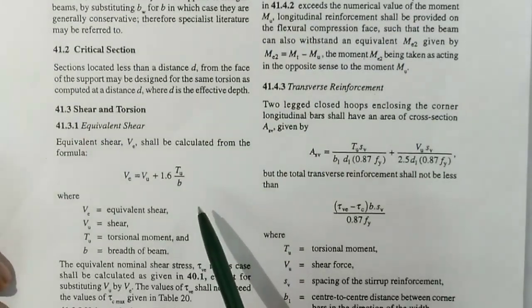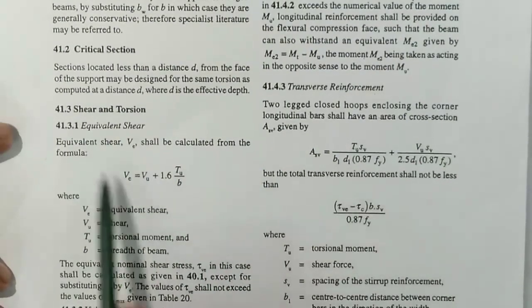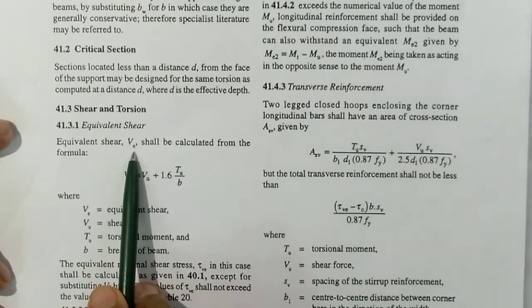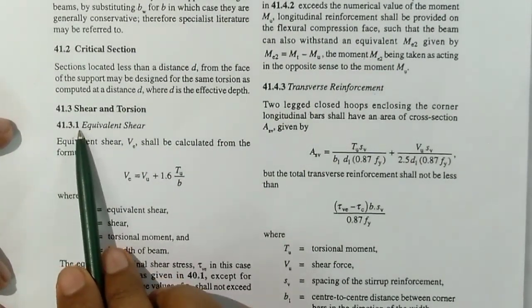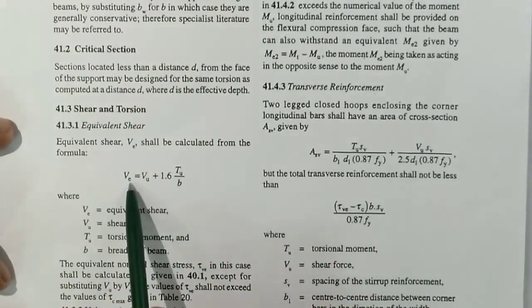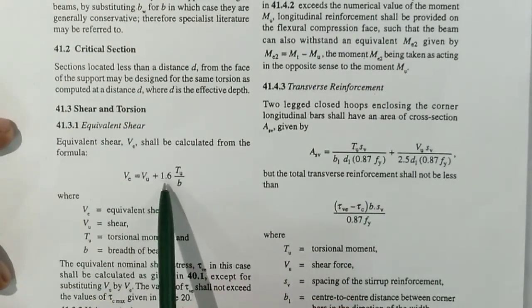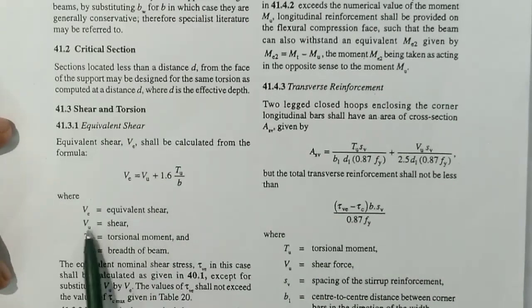Like the equivalent bending moment, we also calculate the equivalent shear force Ve, which is given in clause 41.3.1 of the IS code on page number 75, where Ve equal to Vu plus 1.6 into Tu by b. Ve is the equivalent shear, Vu is the shear force, Tu is the torsional moment, and b is the breadth of the beam.